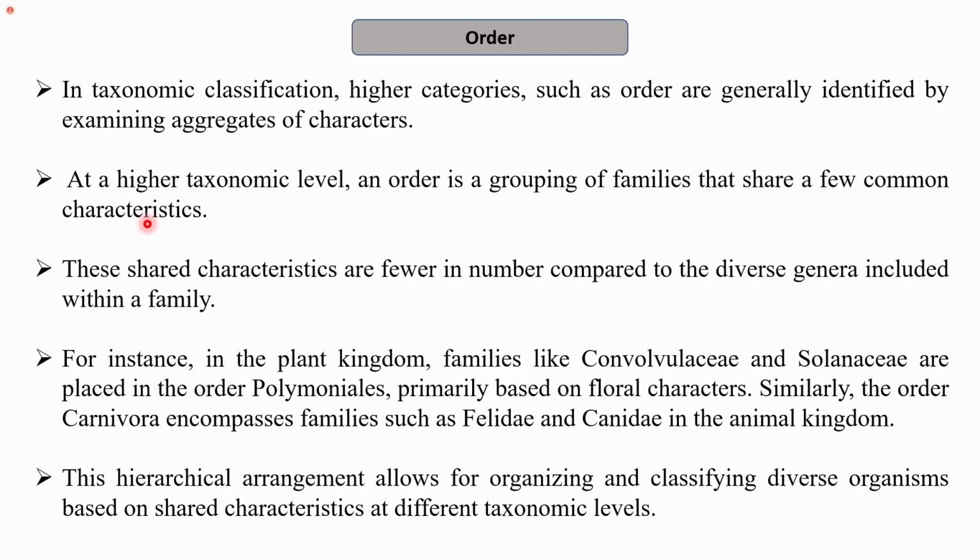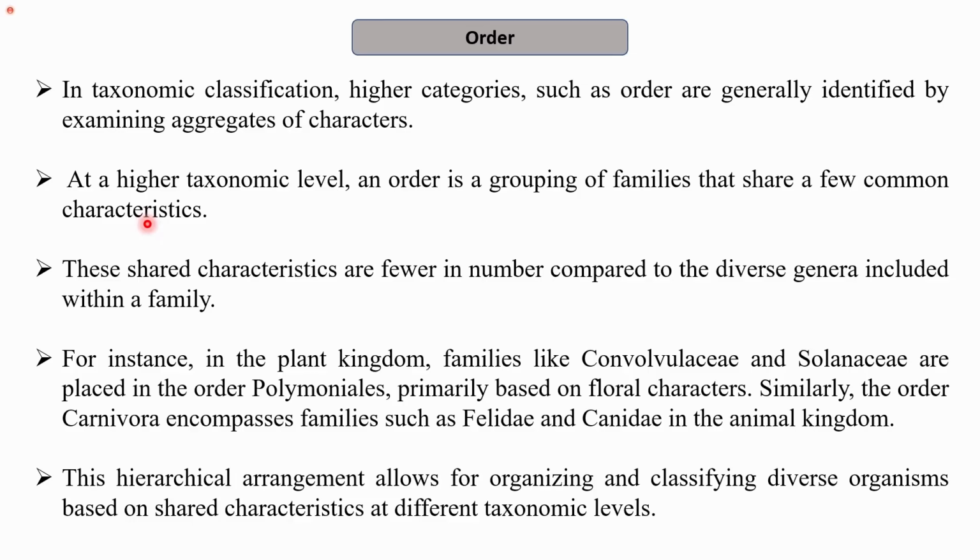These share fewer characteristics, very few in number, if I compare to the different genera or the species level. So as we are moving from the species towards the higher taxonomic categories, the characteristics a particular group shares decrease. The shared characteristics are fewer in number.